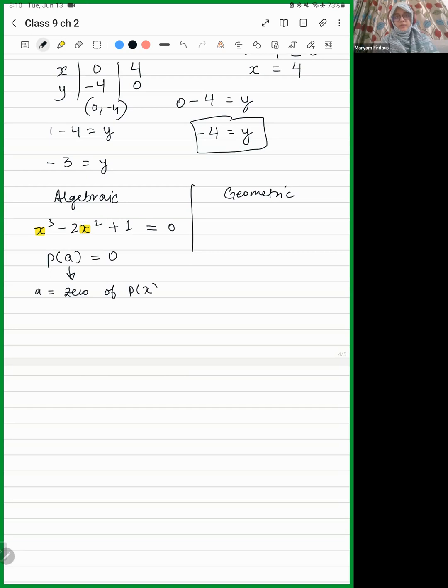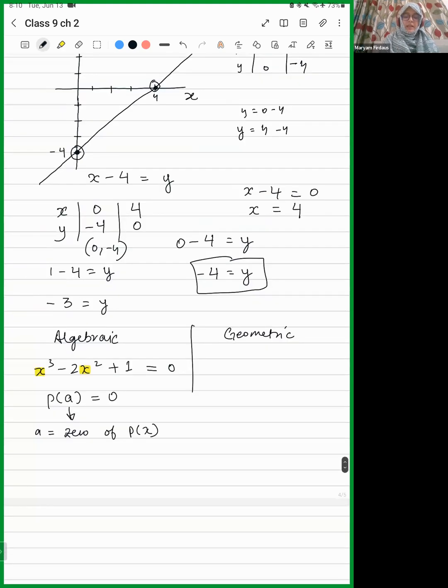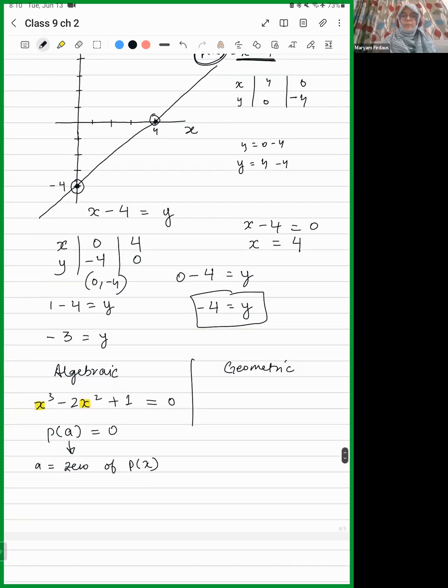Is it clear till here? Yes, ma'am. Geometrically, what does 0 of a polynomial mean? It means that point at which the value of y is 0.